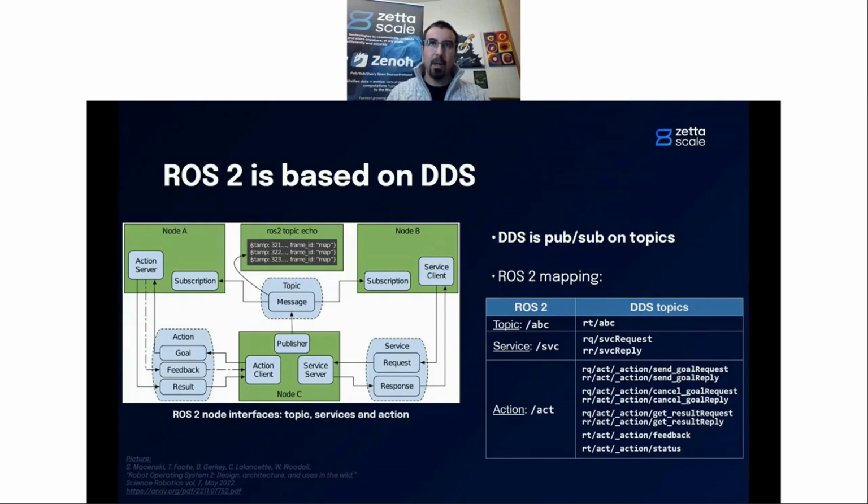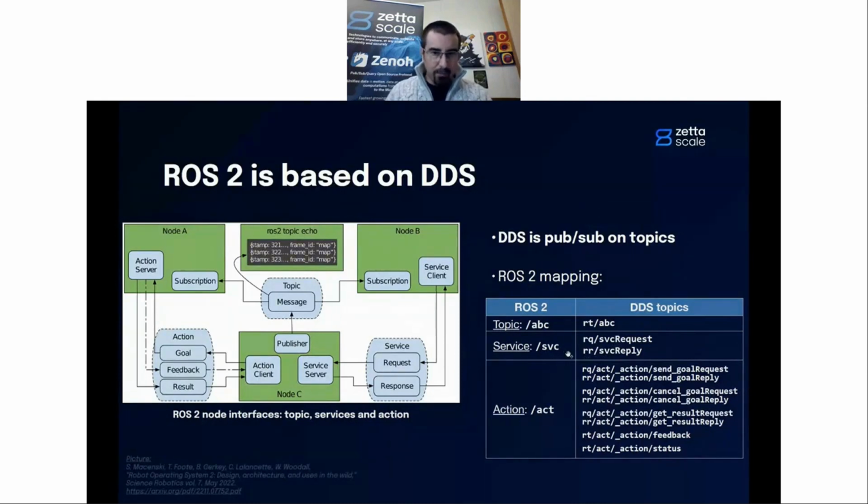For instance, when you do a publication and subscription on a ROS2 topic named /ABC, it will be mapped in DDS on a topic named rt/ABC, rt standing for ROS topic. A service on the other hand, a service /SVC in ROS2, will be mapped on two DDS topics, one for the request, rq/SVC/request, and one for the reply, rr/SVC/reply.